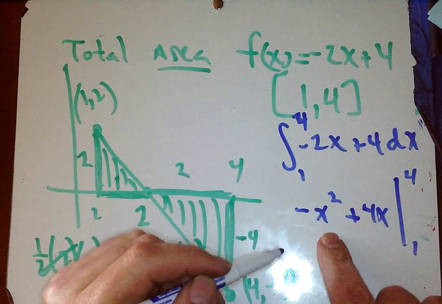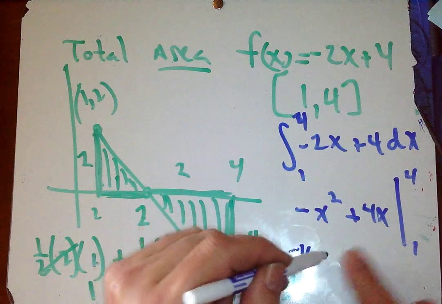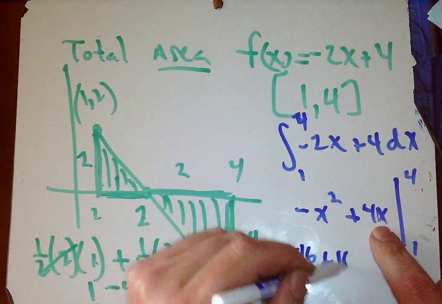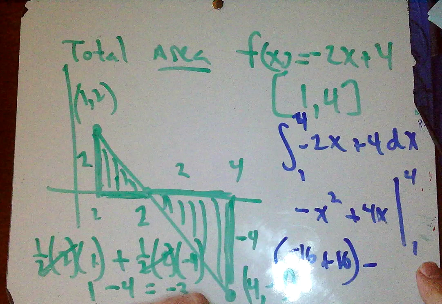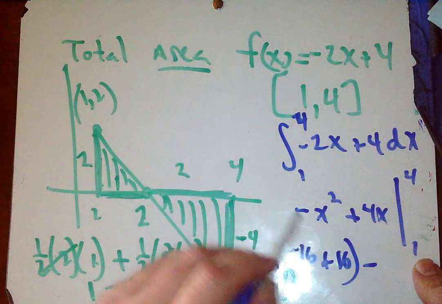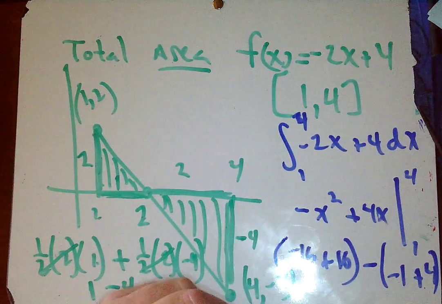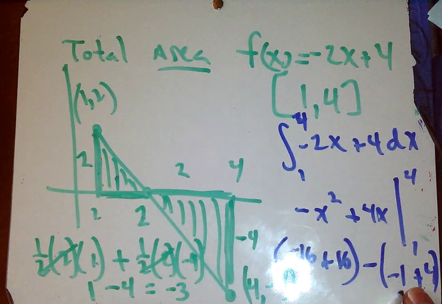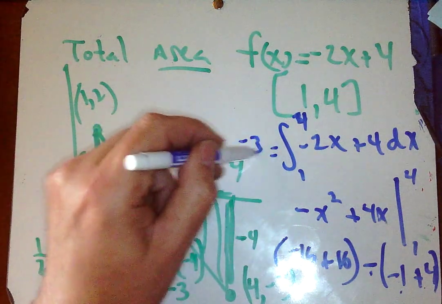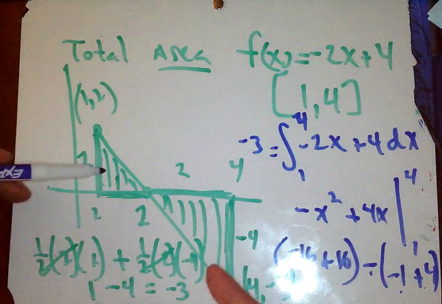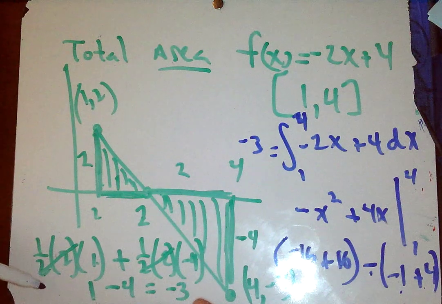If I plug a 4 in, I've got negative 16 plus 4 times 4 is 16, minus, what happens when I plug in a 1? I get negative 1 plus 4, so that's 3. That's going to be negative 3. Lo and behold, the value of this integral is negative 3, and the value when I appeal to the geometry is also negative 3.